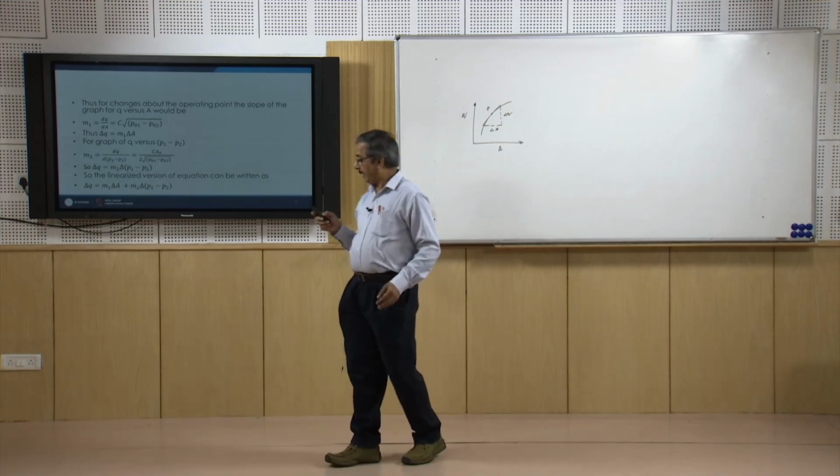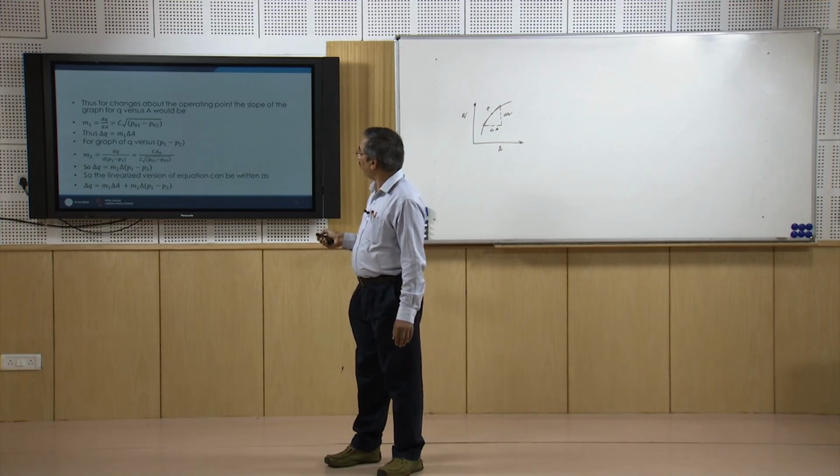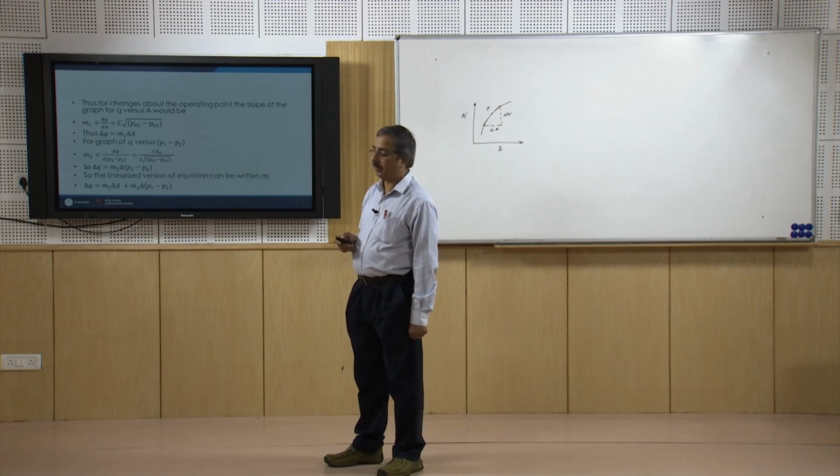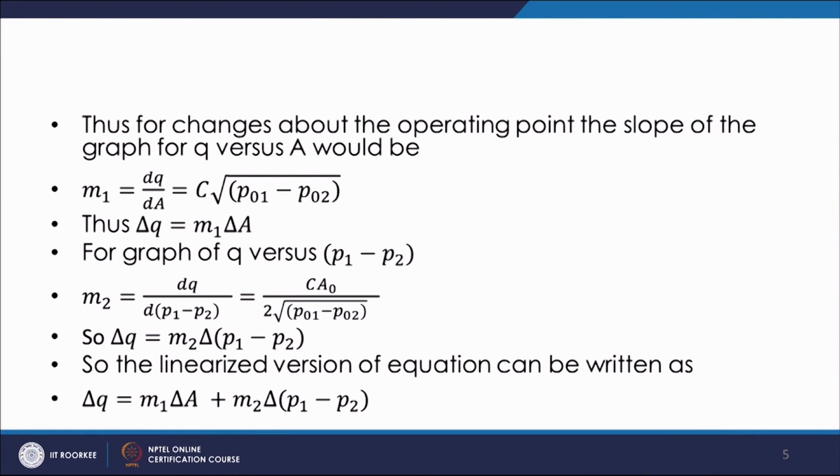Okay. Similarly, I can draw a plot for Q versus P1 minus P2, okay, and for that I can find out a slope M2 equal to dQ upon d(P1 minus P2).